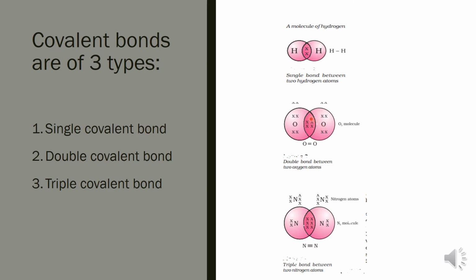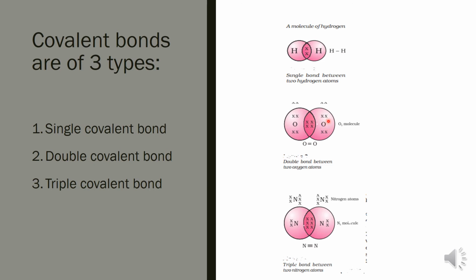Now how? Let's count the number of electrons. See children, for this oxygen atom 1, 2, 3, 4 electrons are already there. 5, 6 its own electrons, and 7, 8th these 2 electrons which are shared by the other atom. I can say here these 4 electrons will be belonging to both oxygen atoms equally.